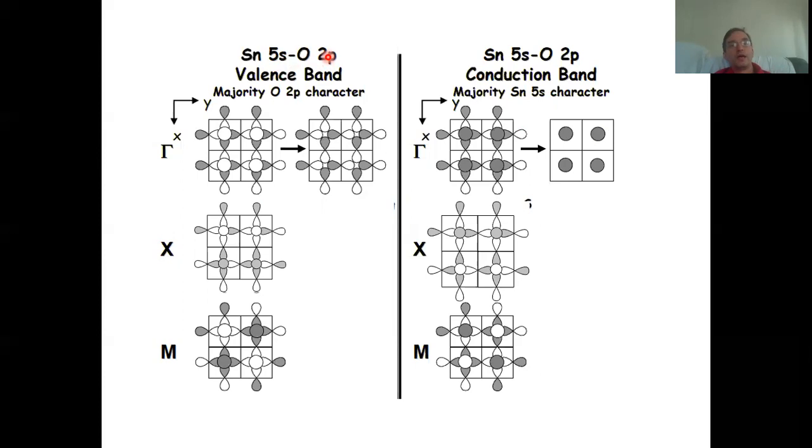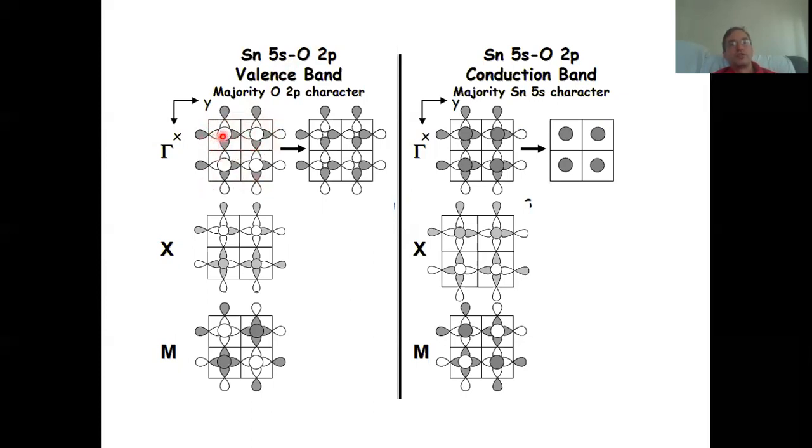Okay. So now in the XY plane, and because we only consider sigma interactions, we only need to consider the px orbital of oxygen and the py orbitals of oxygen. Okay, so you see here, well, several square unit cells within a sheet.